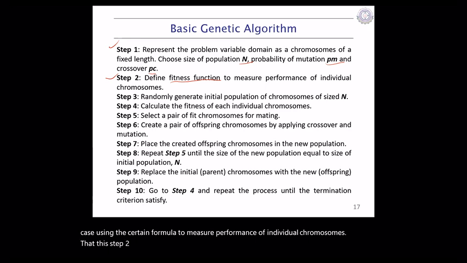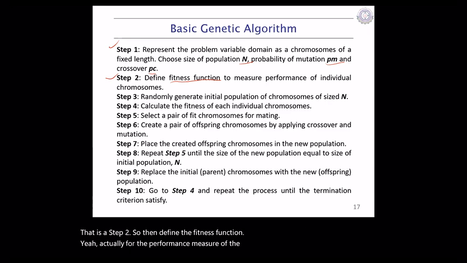And the third step is to randomly generate the initial population of chromosomes of size n.